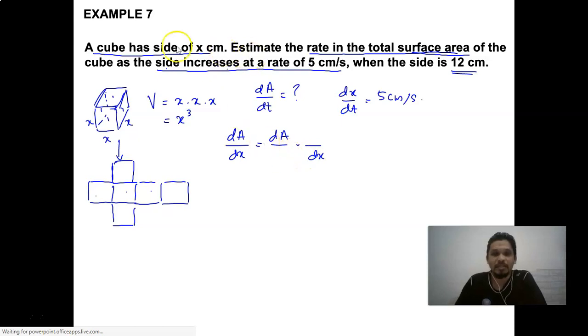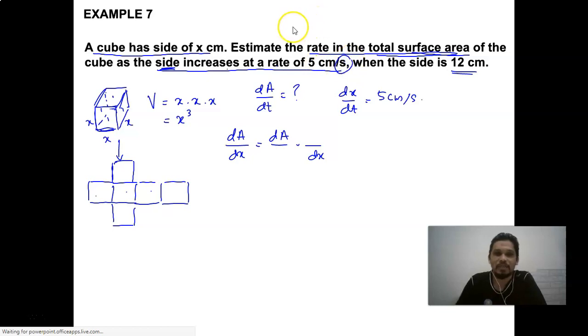Because there are three things that we need to consider here: the first is the total surface area, which means we're talking about the surface of this cube, A, and also the side, which is x, x, and x, at the rate of 5 centimeter per second.